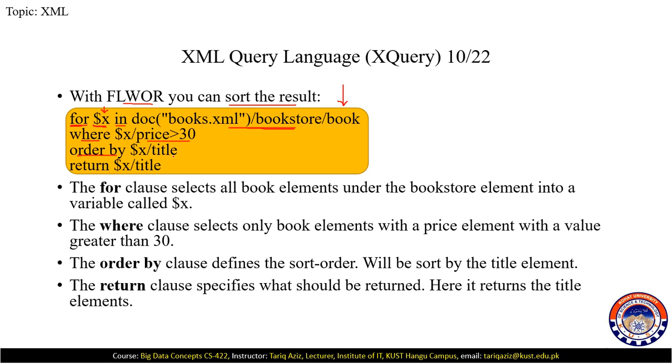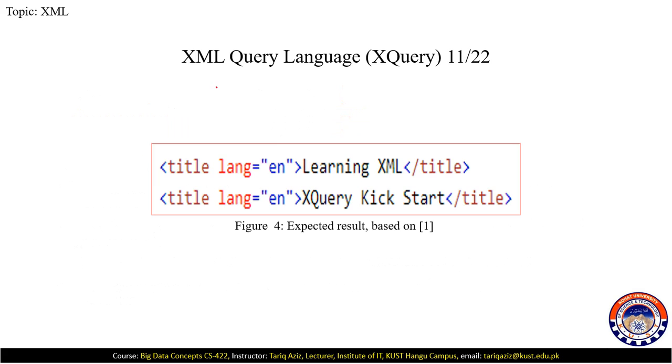but with respect to which item? With respect to the title item, we want to sort our result, and then we want to return these titles. Okay, so if you look at the result of the query on the next slide, then if you look at the order, Learning XML comes first because the query will sort the result in ascending order, and then we have XQuery Kick Start.